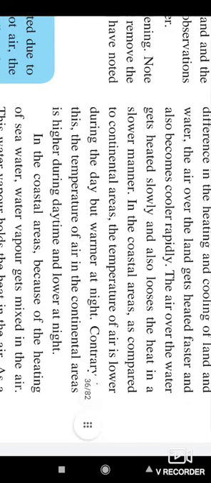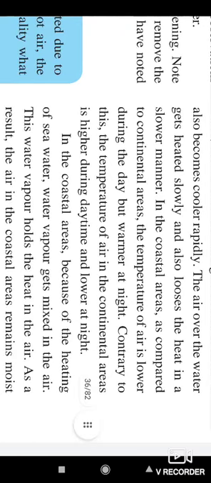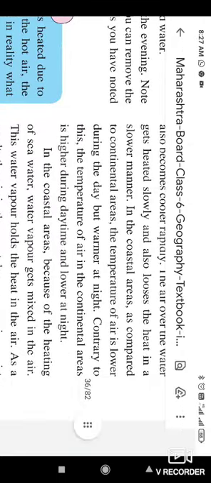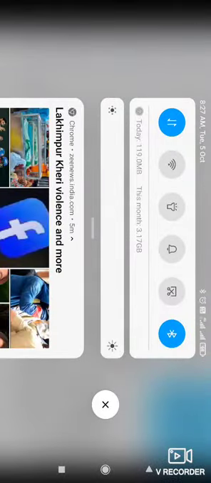In the coastal area, as compared to the continental area, the temperature of the air is lower during the day and warmer at night.